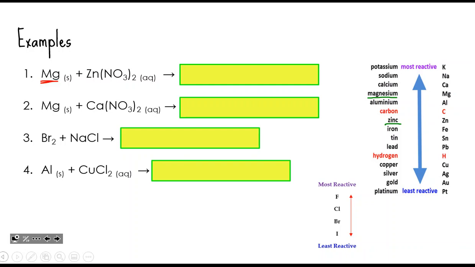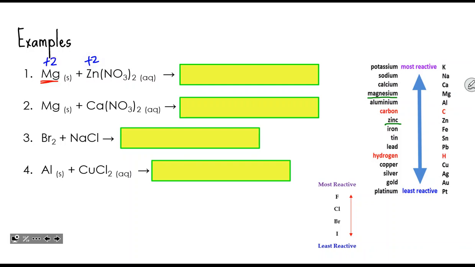Now you have to think about their charges. In here, zinc is +2. Magnesium, when it forms a cation, what charge is it going to be? What group is magnesium in? It's in group 2, so it's going to be a +2 as well.